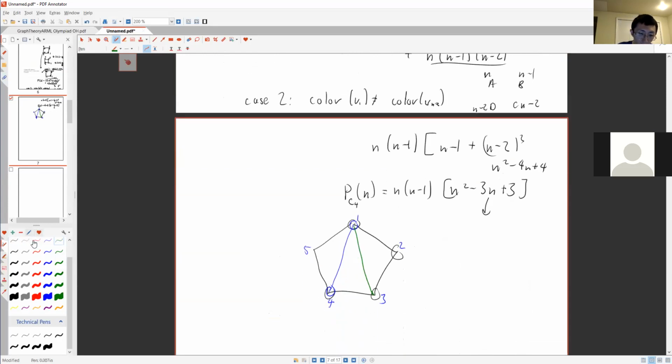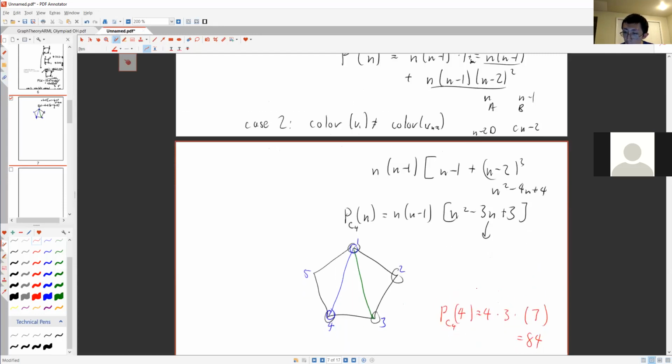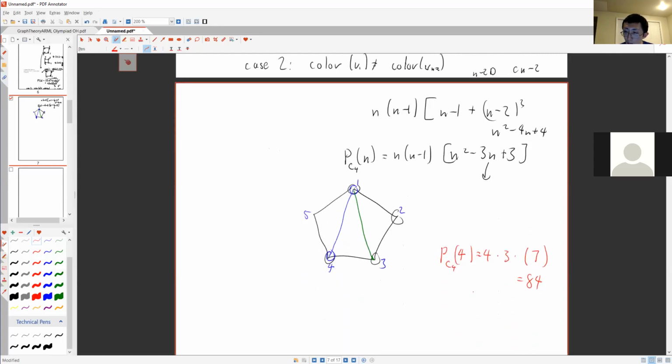And let me just check, right? So P of 4 is 4 times 3 times, what's 7? Yeah, that's 84. So it should be the same because we did the same reasoning. So this generalizes the problem of how many ways there are to color a graph with n colors. Let's check, right?